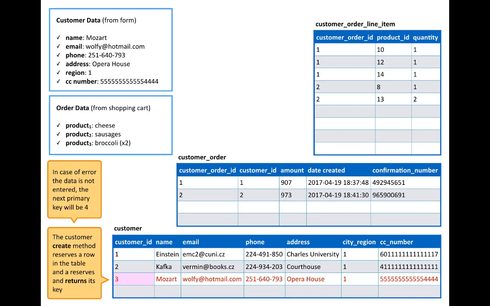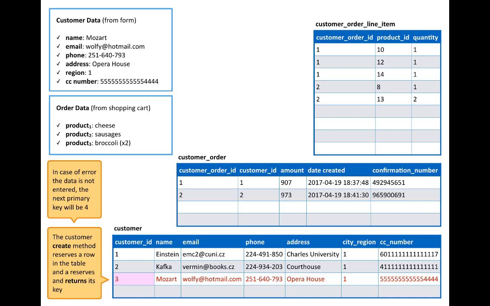The customer table in the database for the simple Affable Bean project automatically generates a primary key. This is important because we need the primary key for the customer in order to create the customer order. And that's because the customer ID is a foreign key in the customer order table.